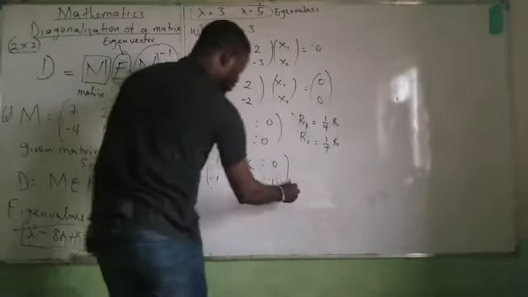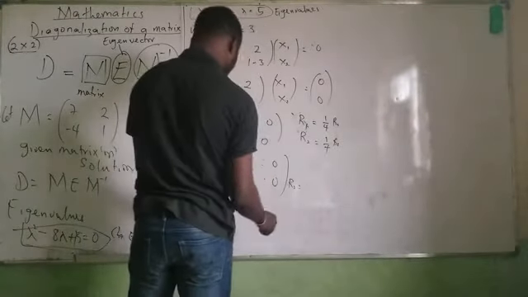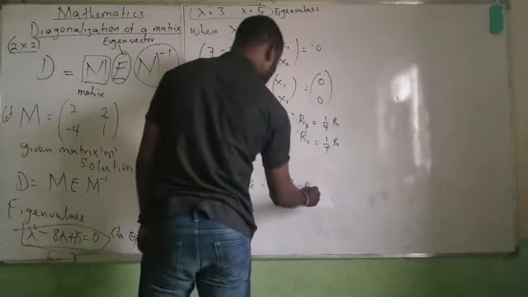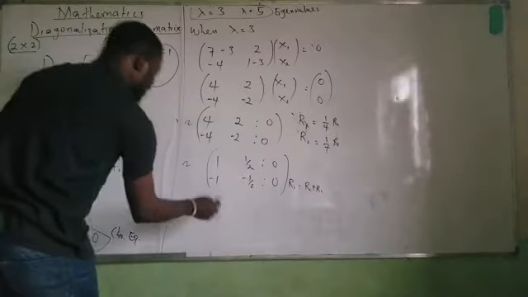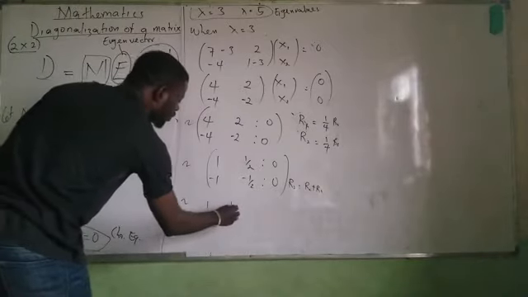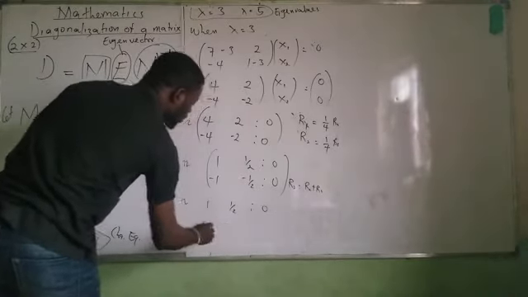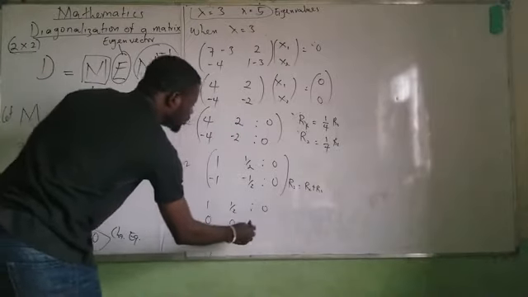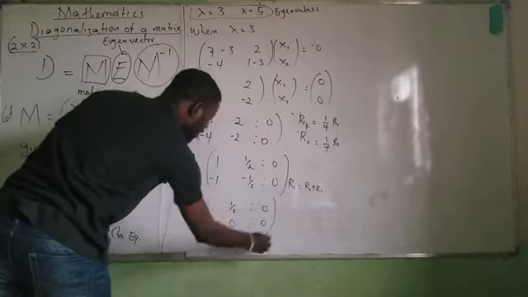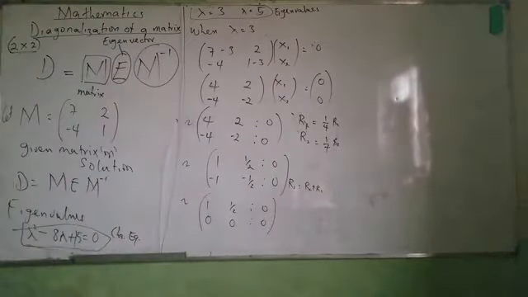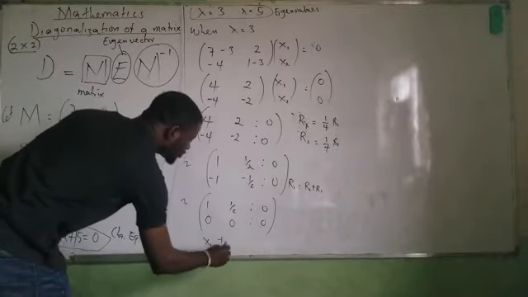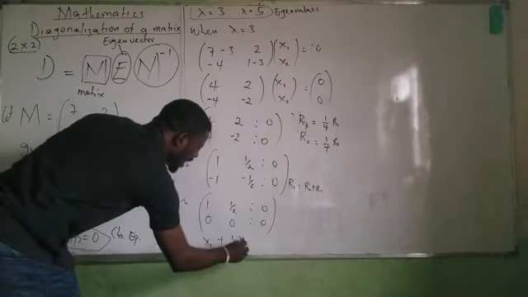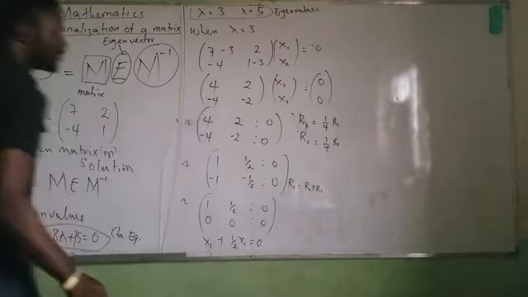It means my R2 will be equal to R2 plus R1. It means I'll be having 1 all over 2 is 0. This one becomes 0, is 0, and is 0, which is mine. Now, for your information, at this point, my x1 plus 1 all over 2 x2 will be equal to 0.